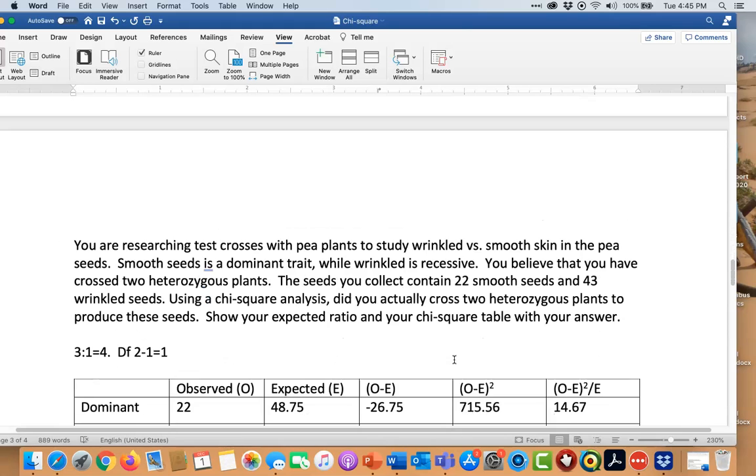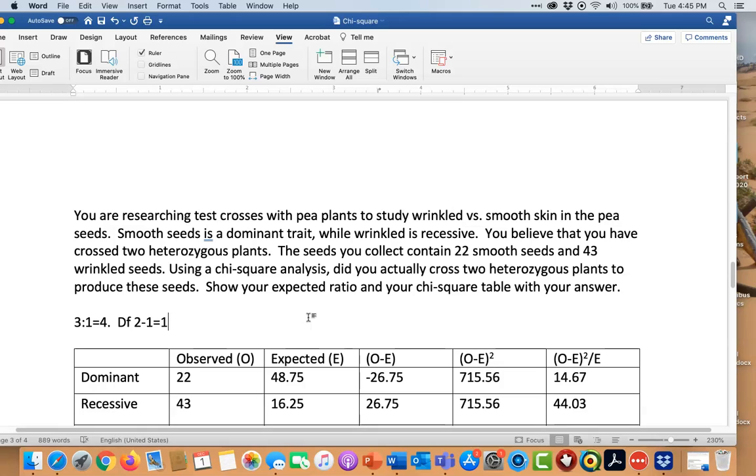So what that means is we are going to reject the null, and this is not a cross between 2 heterozygous.